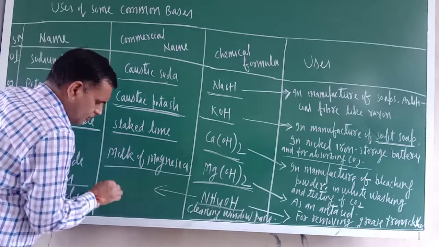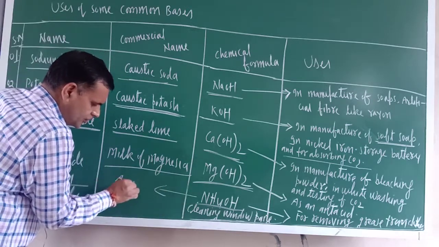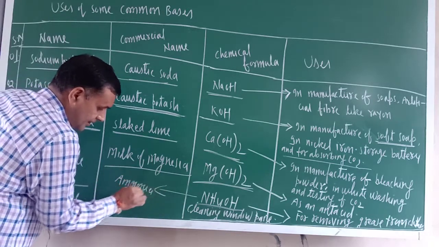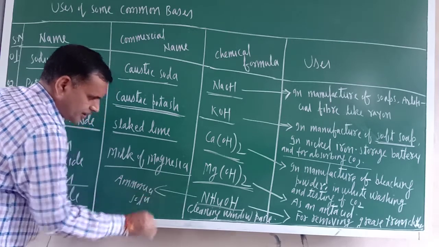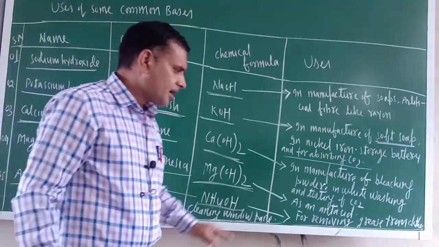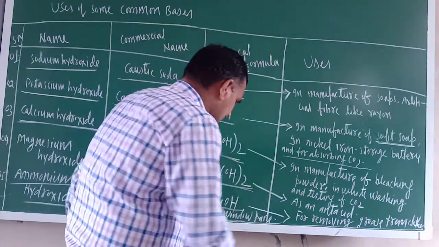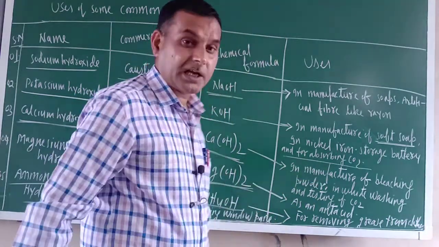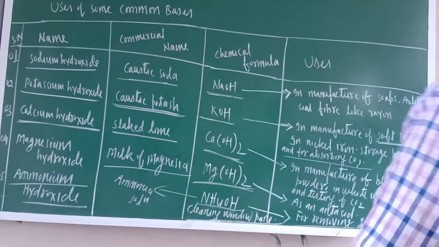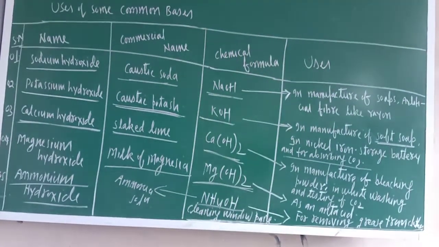This is also called ammonia solution. What is the use of this one? For removing grease from clothes and for cleaning window panes. So these are some of the applications.